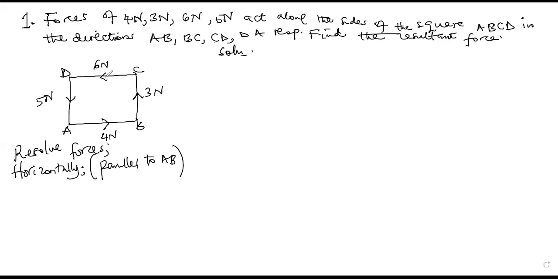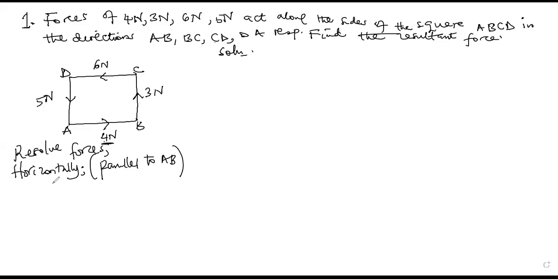Of course, on straight lines on the x-axis, the angles are always 0. So you'll be having 4 cos 0. This one cannot be a horizontal force, neither can this one. So we shall be writing 4 minus 6. Why do we say minus? Because at this point, we are going in the negative direction.